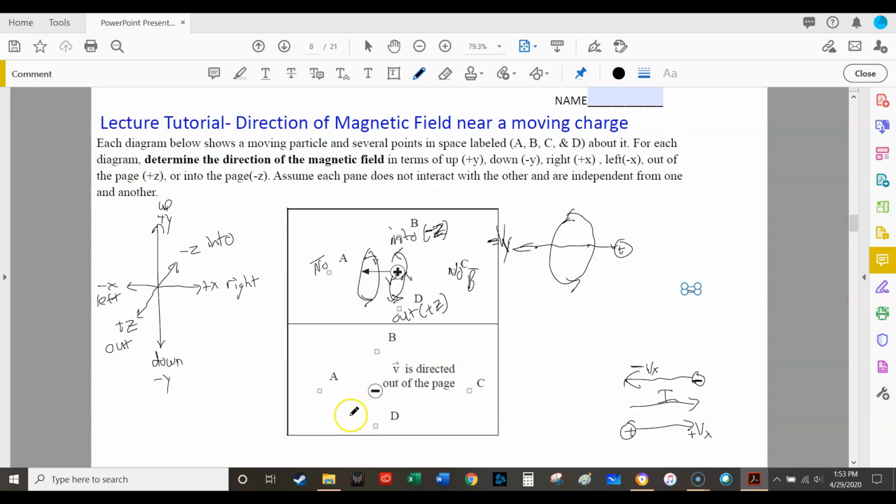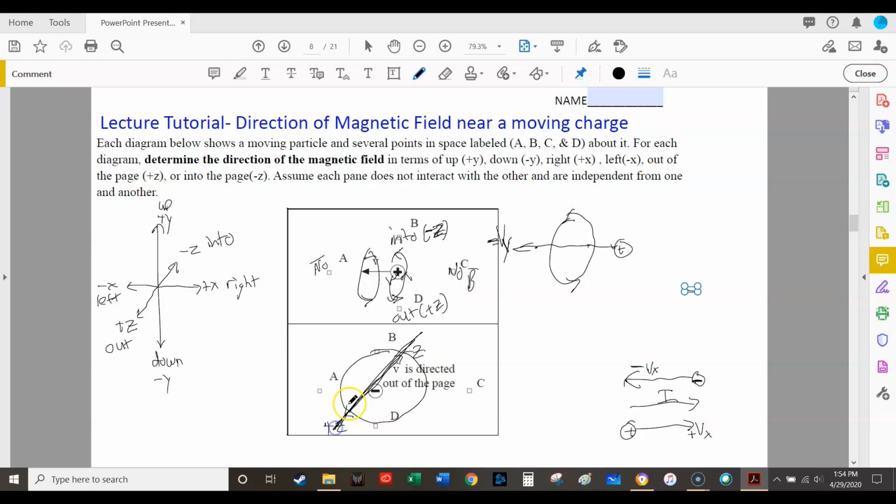All right. Well, again, the electrons are flowing out of the page, right? But your thumb should be pointed into the page, which means if I do that, the magnetic field is going to be circular around this axis right here.